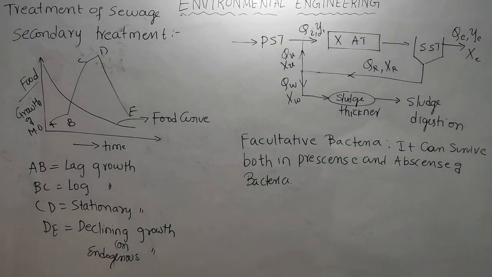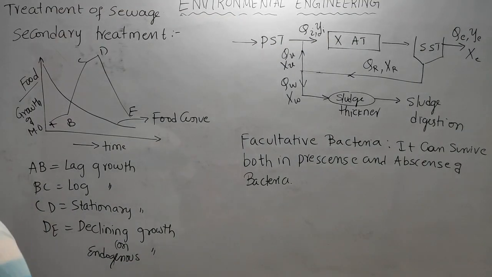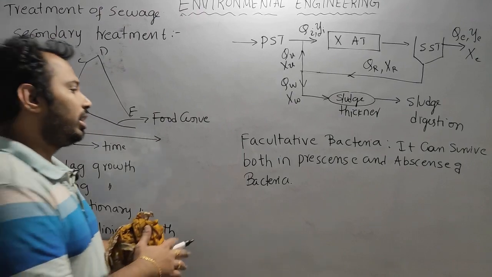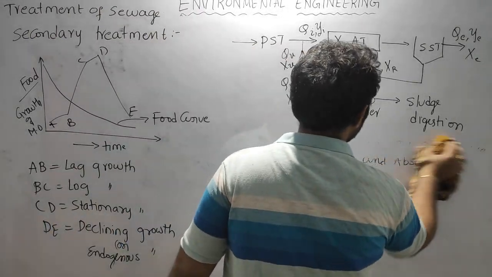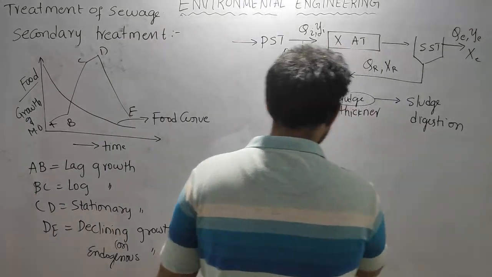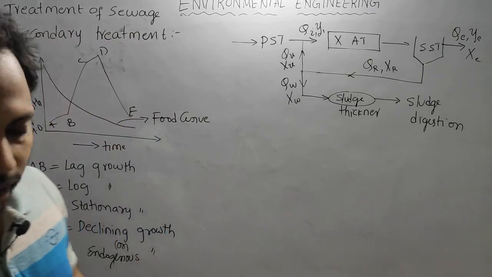This is the basic classification depending upon the availability of oxygen. Depending upon the temperature also there is a classification. If they can survive at lesser temperature or higher temperature, likewise we classified.